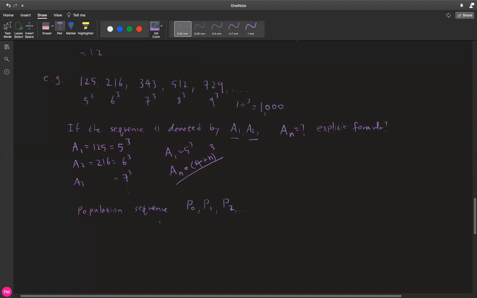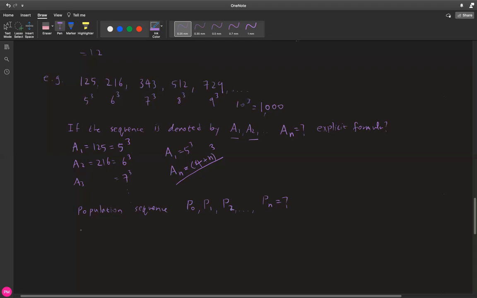So the sequence starts from 0 instead of 1, and you are to find the explicit formula for P sub n. How would you do it?